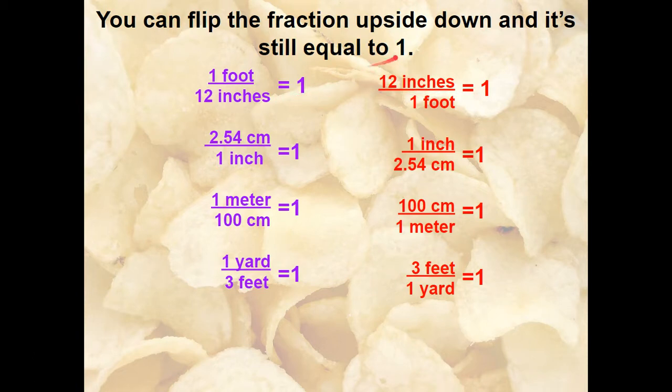So because 12 inches is equal to 1 foot, it's like saying 1 divided by 1 is 1. Or, anything divided by anything equal to it is still going to be 1. Since these are equal, it doesn't matter. You can flip it upside down. It's the same exact thing, and it's equal to 1.